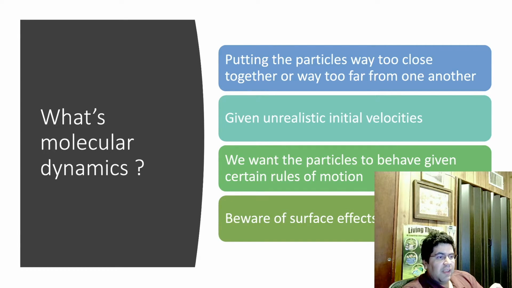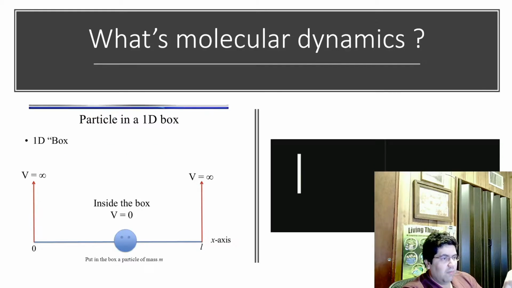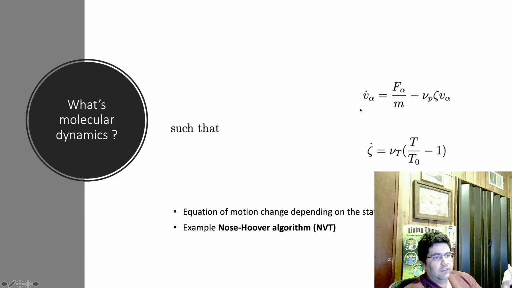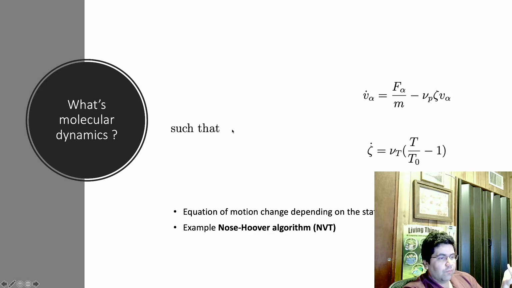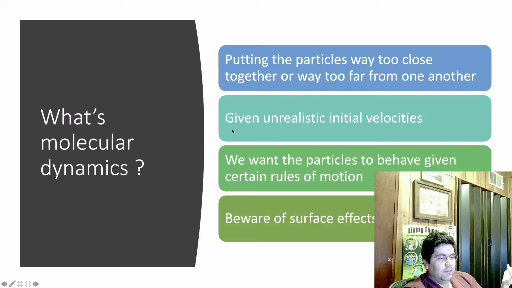Also, we want the particles to behave given certain rules of motion, and I go back to this presentation here, because that's important for defining which ensemble we use. And finally, you have to be careful when we define the surface effects. Having that in mind, I think we are ready to run a computer simulation.